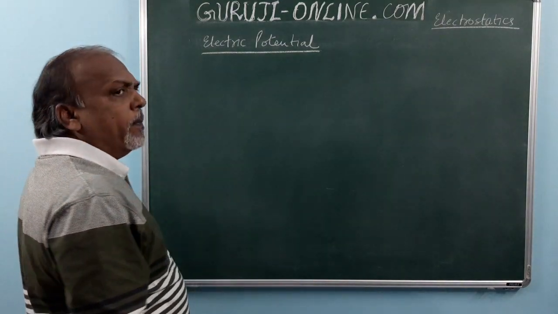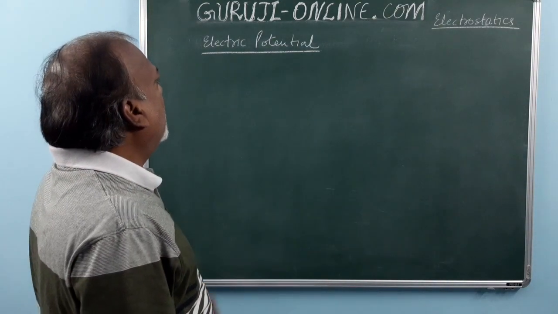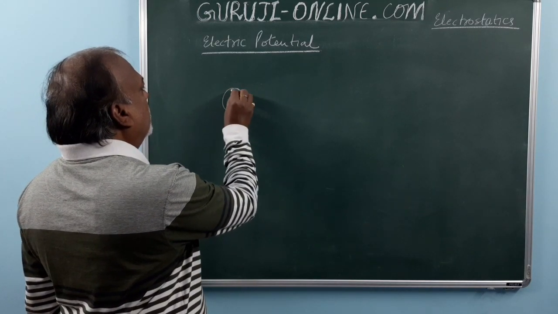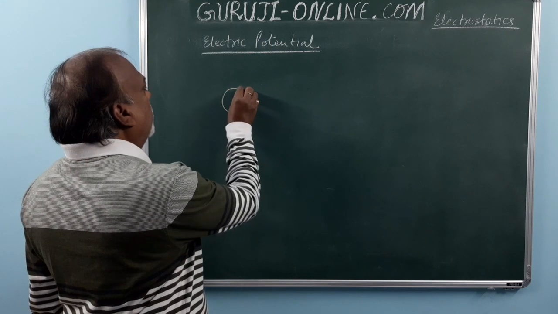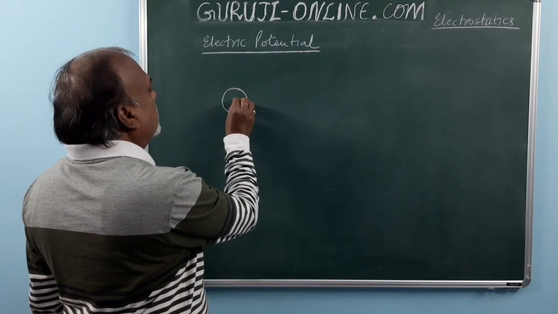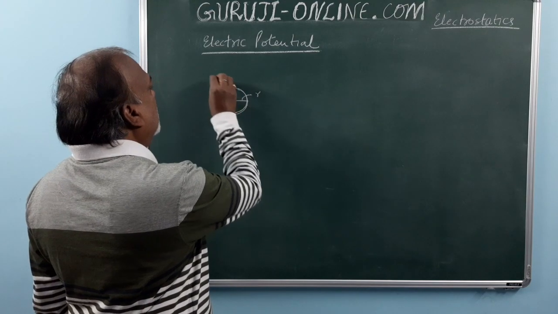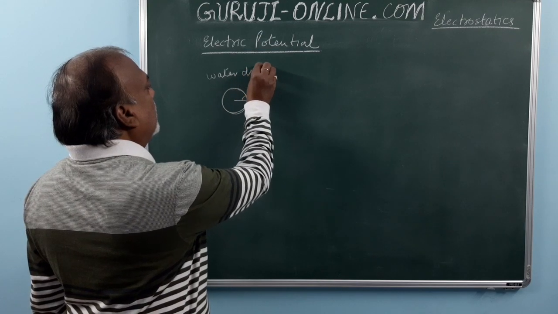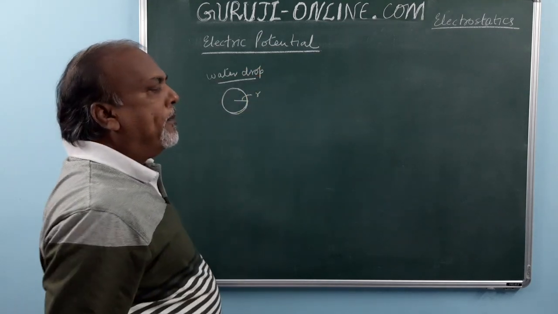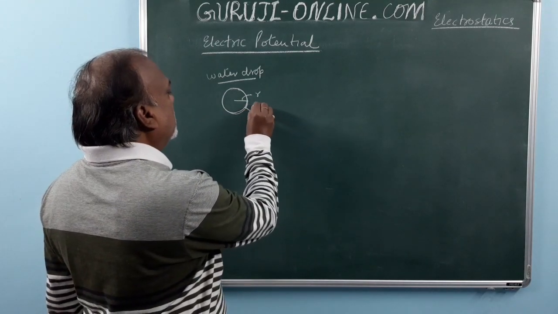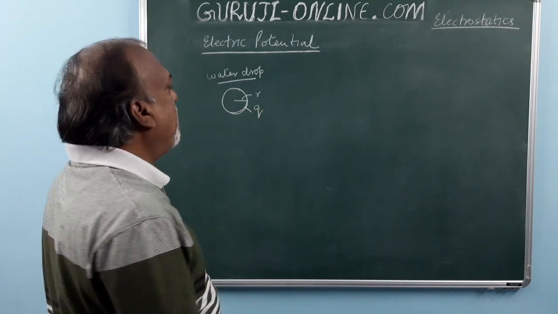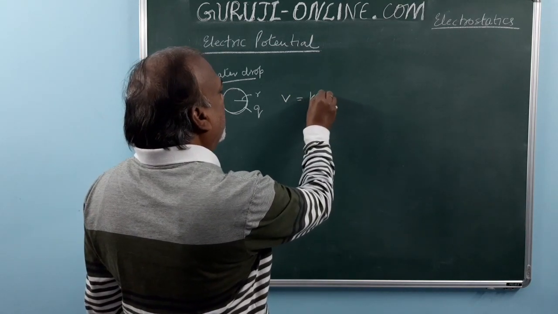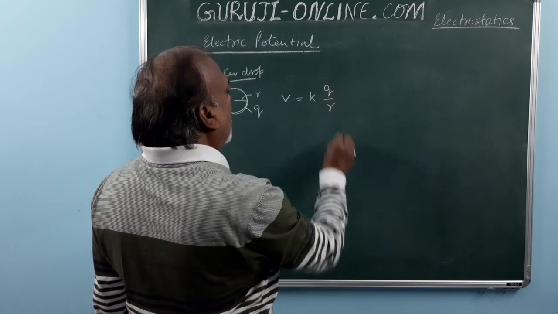Another question I have come across regarding the electric potential. Suppose you have a water drop. Its radius is r and suppose it has charge q. Then naturally potential on the surface will be k q upon r.